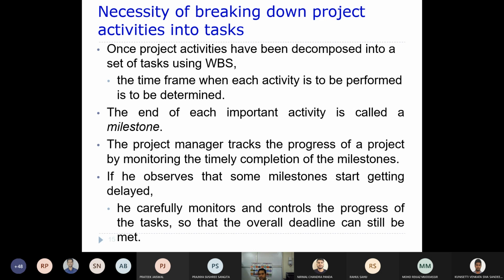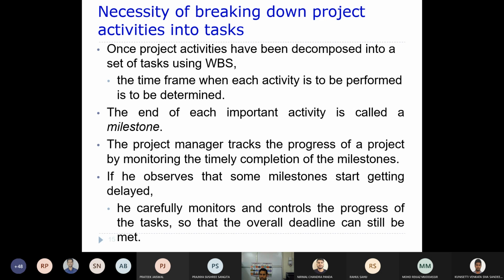If you have finished that particular task, that means you have achieved that milestone. This will be helpful for project monitoring.